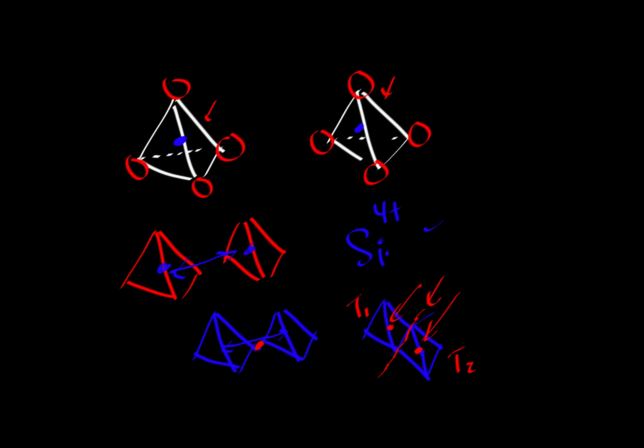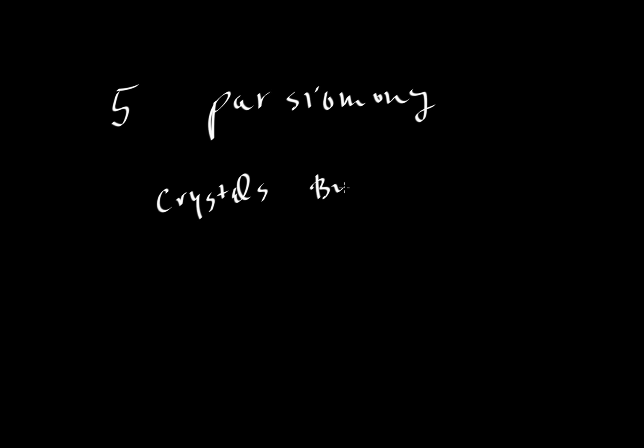And then finally, let's erase the chalkboard again. We have rule number 5, the rule of parsimony. And we'll also look at this in another video. To be parsimonious is to be stingy. And so I think what Linus Pauling is getting at is that crystals are going to build themselves in as simple a way as possible.